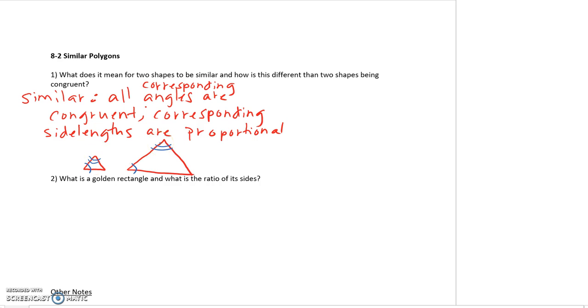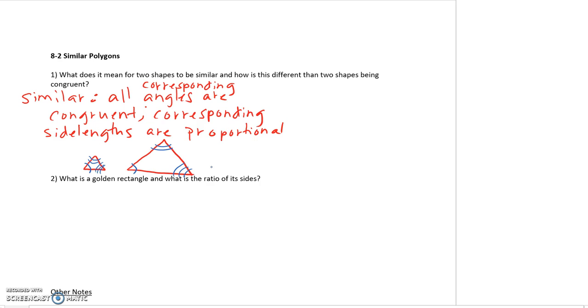Another angle set up, and this third angle would match the third angle exactly with a protractor. If one was 27 degrees, the other's 27 degrees. If one's 73 degrees, the other one's 73 degrees. But when I'm talking about corresponding, I'm talking about one in the original picture and one in the new picture.